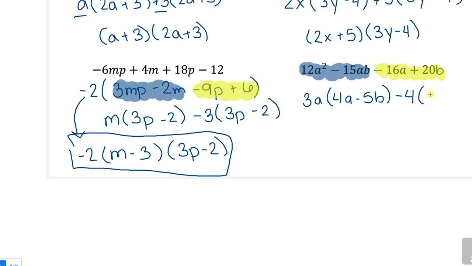Divide it out, and we get 4a minus 5b. Our two parentheses are the same, so we're going to rewrite one of the twins, 4a minus 5b, and then bring down our greatest common factors to make a binomial, so 3a minus 4.